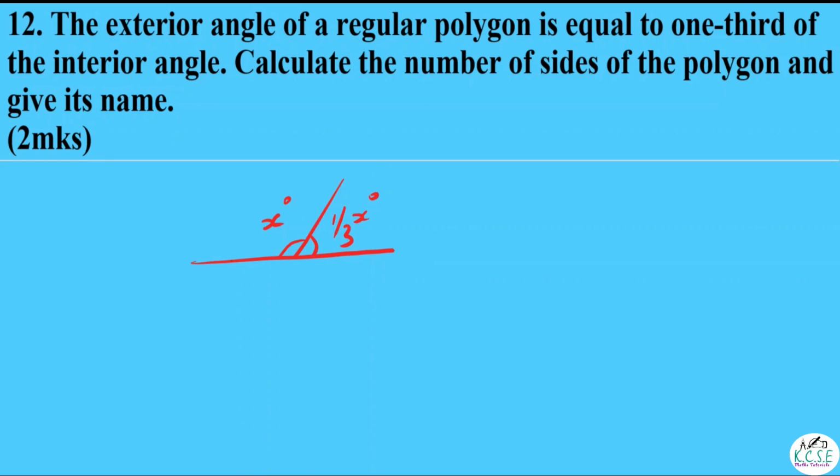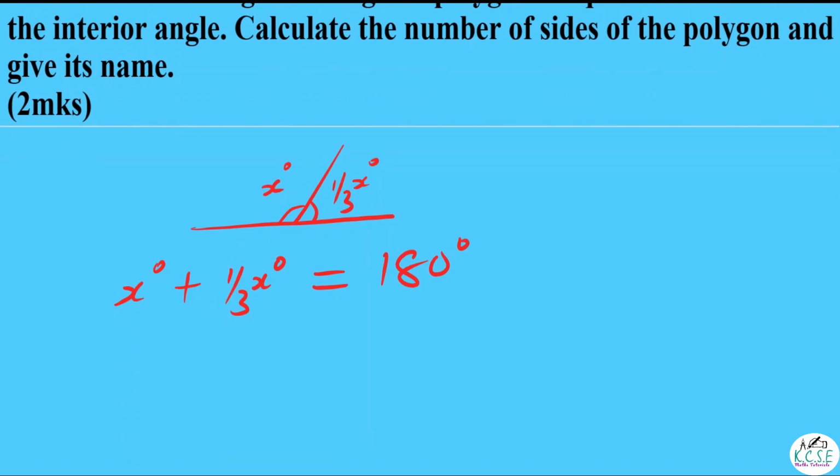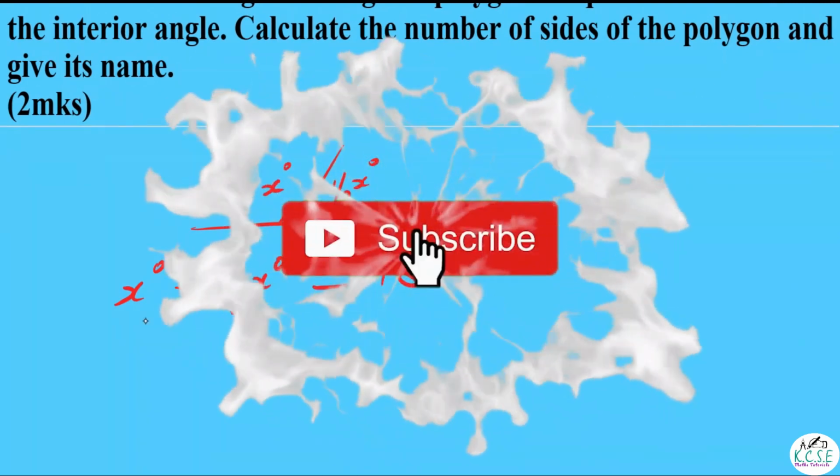Since these two angles lie on a straight line, the sum of the exterior angle and the interior angle will give 180 degrees.